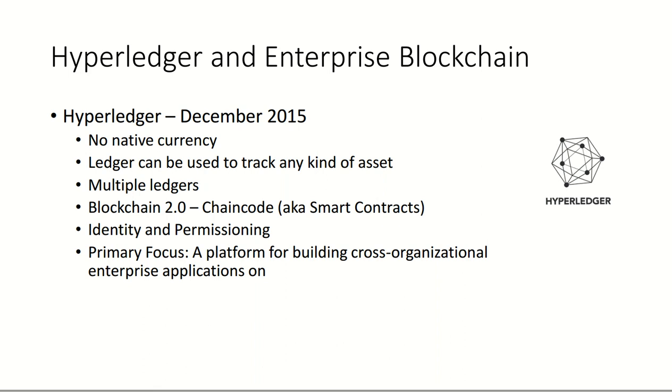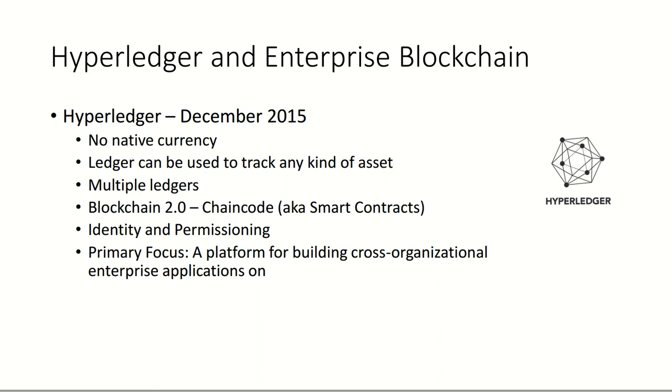So let's combine some of these big changes, multiple ledgers along with identity and permissioning, and some interesting things start to happen. Let's say that you're doing business with several different suppliers, and all of you decide to record your transactions on Ethereum. Well, that means when you transact with supplier A, supplier B gets to see all the details. And that might not be desirable.